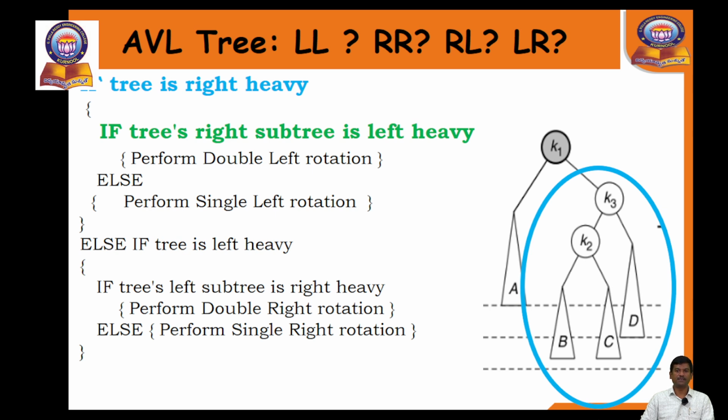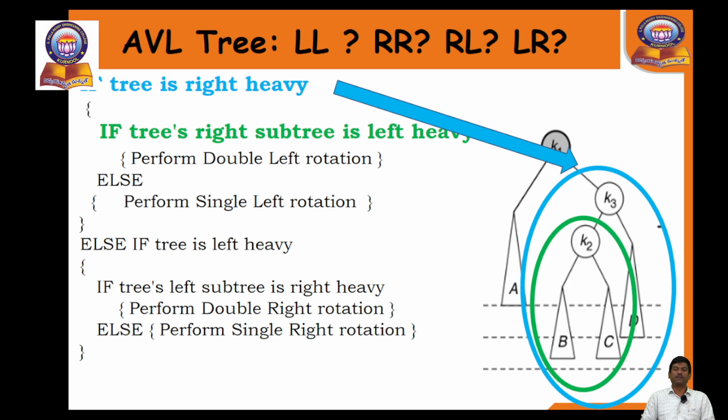What does it mean? Within your right subtree, check whether it is left heavy. Left is heavy, because the B subtree and C subtree are one level more as compared with the D subtree. Then the second condition is also true. That is, the tree is right heavy and the tree's right subtree is left heavy. Then perform the double rotation.